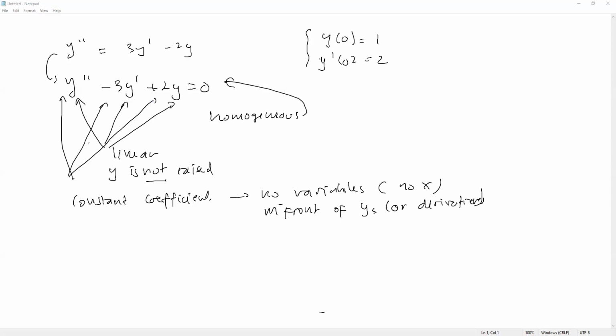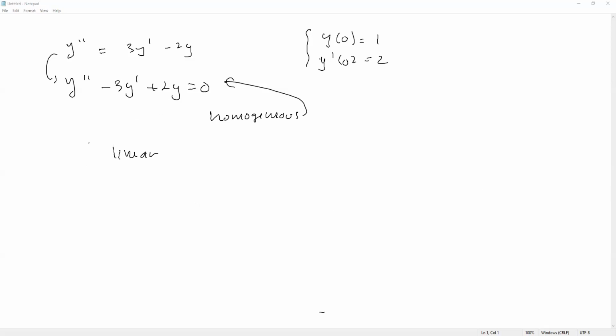Okay. Now, enough with that. How do we solve this type of equation? Before we go further, let's take the case of differentiating general terms in y.